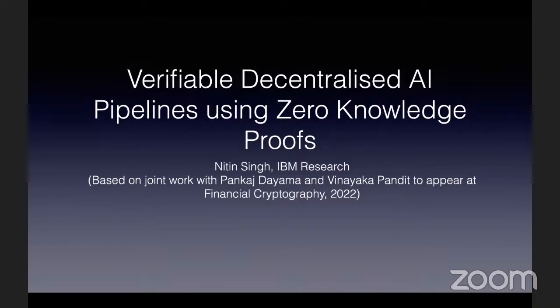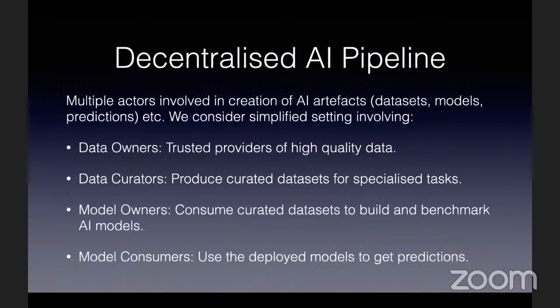We'll not go into the details of the techniques. Mostly we'll talk about the problem that we are trying to address here and how it can be potentially useful, and I'll give a flavor of some of the techniques which might be interesting even for people who are not from a core cryptography background. So with that, let's start.